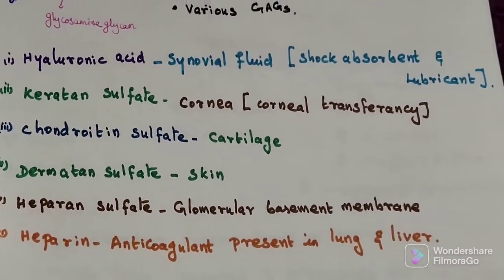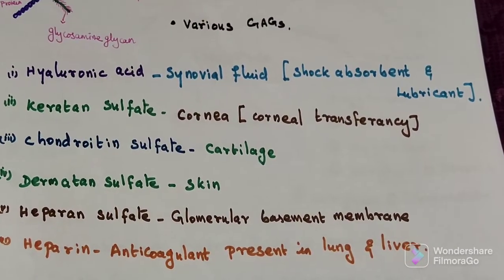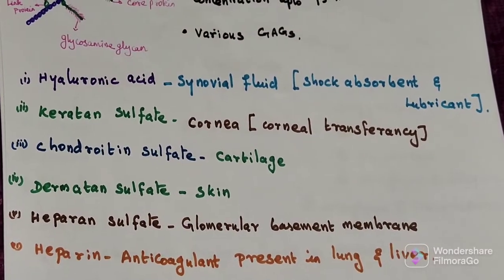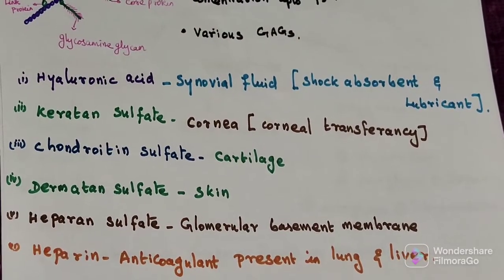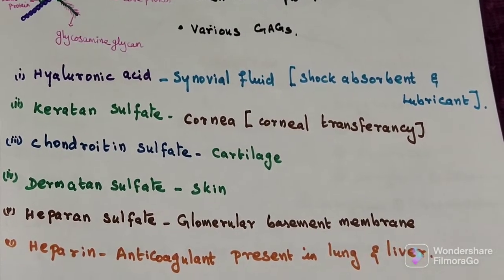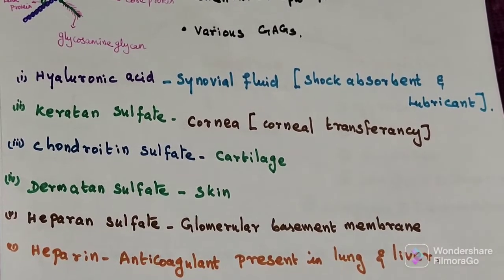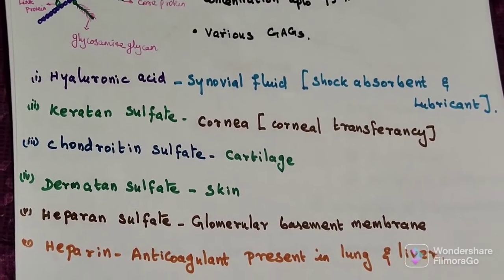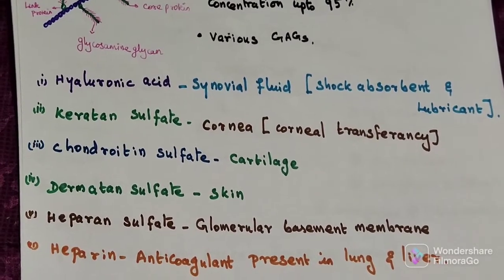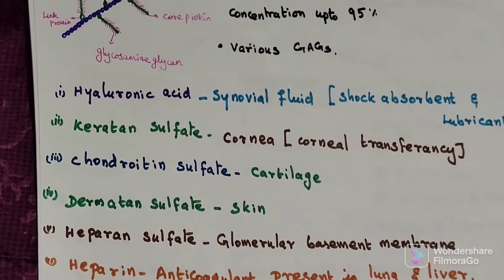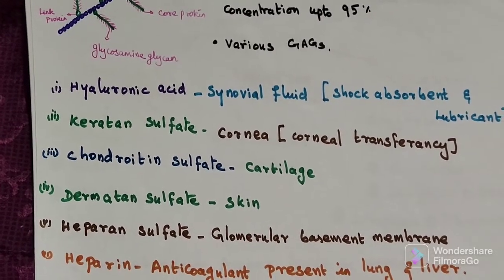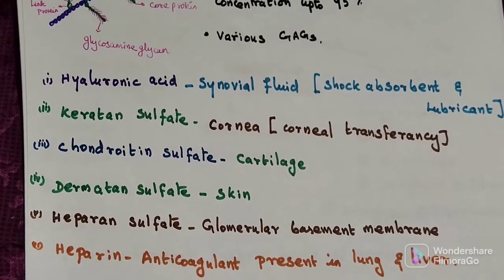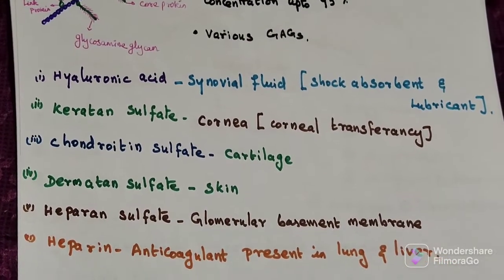These are the various glycosaminoglycans involved in the formation of proteoglycans. They form the ground substance, act as shock absorbers and lubricants, and are responsible for the formation of various tissues, giving shape to the tissue. Various proteoglycans aggregate.